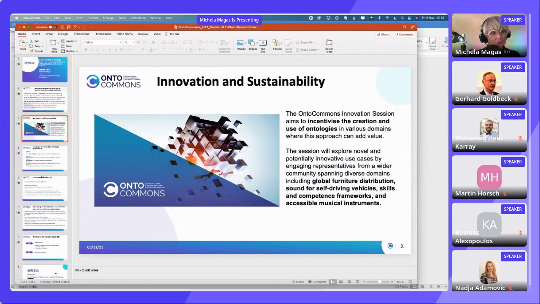Of course, following on our keynote, also with the Interarchia systems in global furniture manufacturing and distribution, but also in sound for electric and self-driving vehicles, in skills and competence frameworks, and in the areas of commoning and consensus, which are of course essential to Ontology Commons. And in the area of accessibility, in this case, we were looking at accessible musical instruments with all of their categories and parameters, and also the cultural meanings that are attached to those.